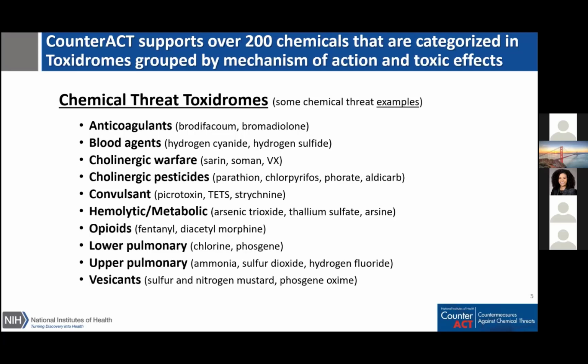This not only gives you an idea of the kinds of chemical threats, but some medical countermeasures developed for one chemical may also be effective for another chemical threat in that particular category or toxidrome. These toxidromes include anticoagulants, blood agents, cholinergic warfare agents, cholinergic pesticides, convulsants, hemolytic, opioids, lower and upper pulmonary agents, and vesicants.